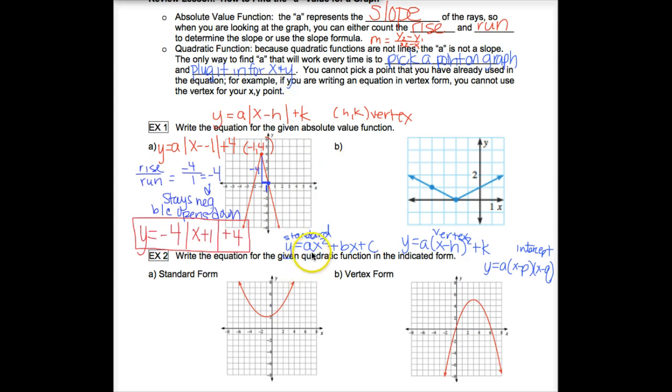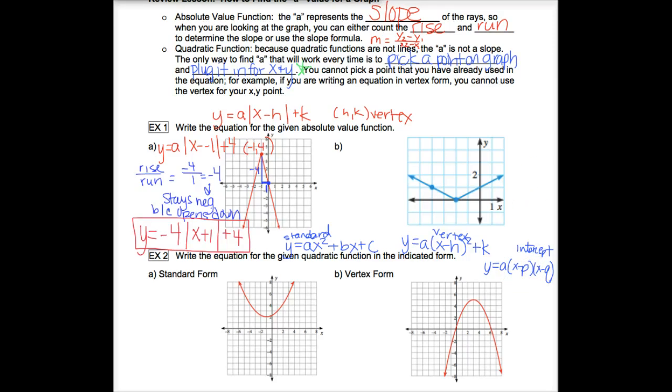So if you have a point on the graph, you can plug it in. Now, here's the key. You can't pick a point you've already used in the equation. So, for instance, if you're writing an equation in vertex form, you've already used the vertex as one of the points. You can't use it again for x, y. You would have to pick a different point other than that. Same thing with intercept form. You've already used the two intercepts. You have to pick a different point in order to plug it in for x and y.